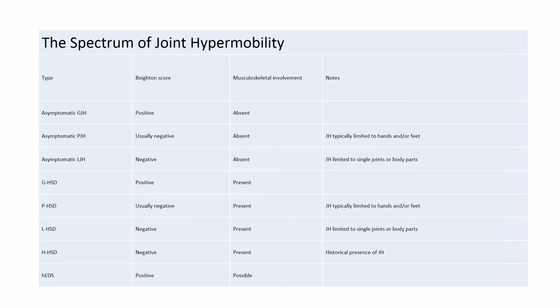So they may report that they had joint hypermobility when they were younger, as teenagers or young children, but they do not have it at the age in which they're presenting to the physician. So their Beighton score will be negative, but they may suffer from many of the comorbid conditions and the situations that we see in these other diagnostic categories just as well.